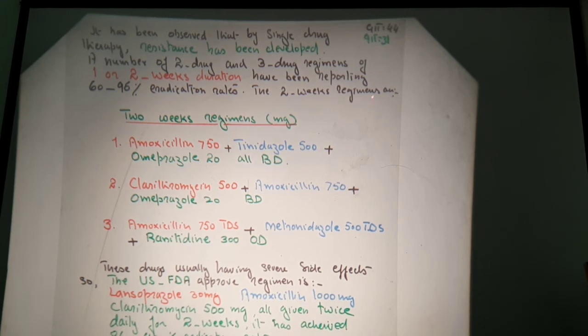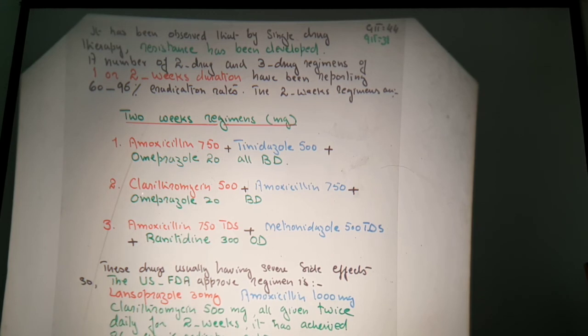So for the two-week regimens, the drugs that can be used are amoxicillin, tinidazole, and omeprazole. When this combination of three drugs is given to the patient for two weeks, there is complete eradication of the Helicobacter pylori.